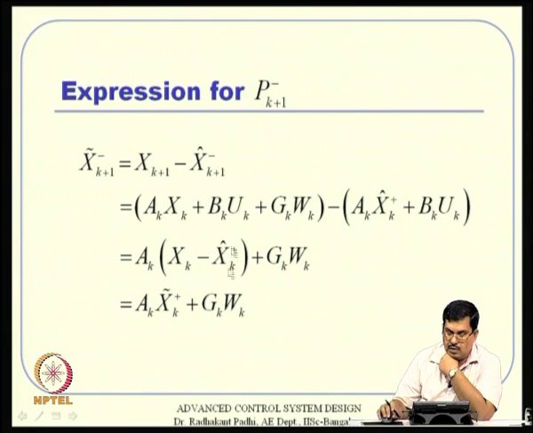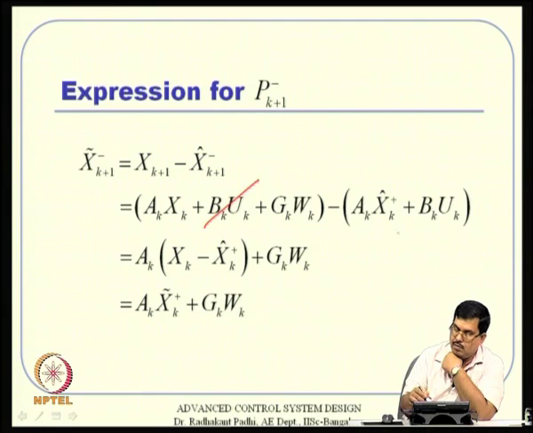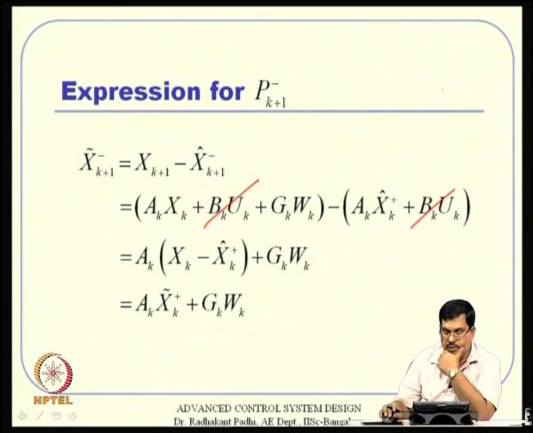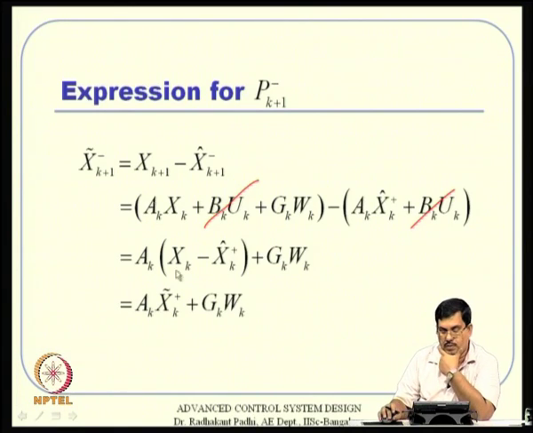Now you see that these two cancel out, this v k u k will go with v k u k, and you are left with only the rest of the terms, which is given something like this. So, x tilde k plus 1 minus turns out to be like that.